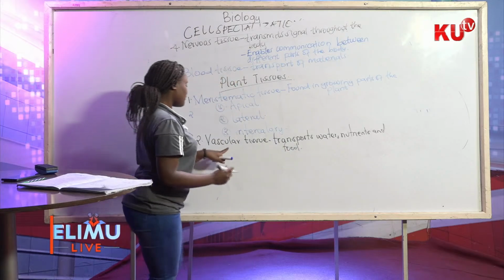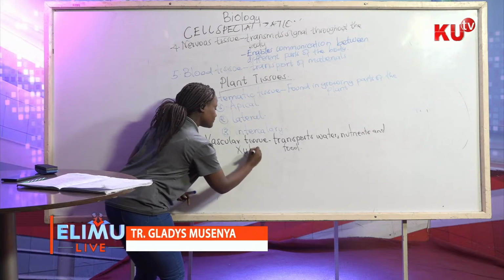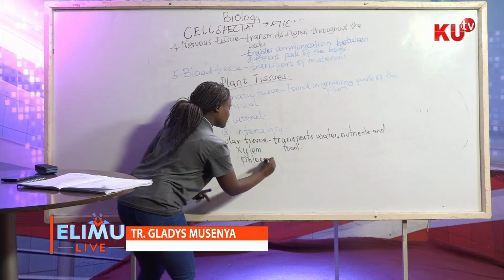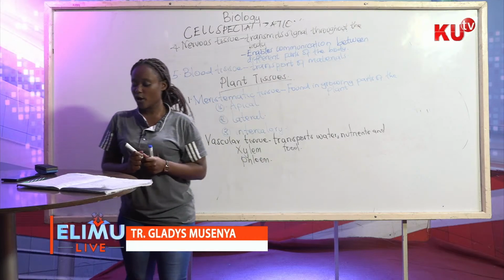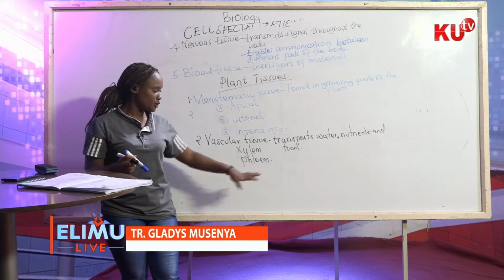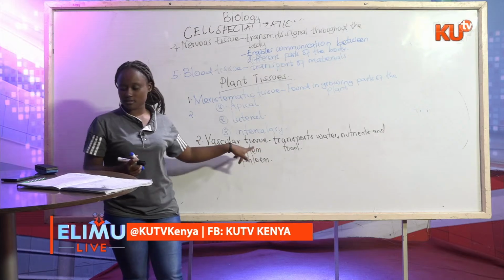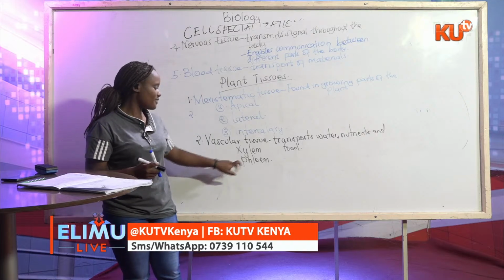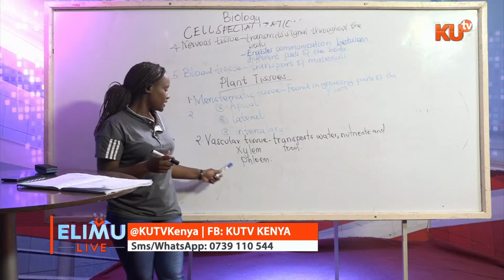In vascular tissue, we find the xylem and the phloem. The xylem carries water, while the phloem transports nutrients. This one is for transporting water from the roots, and this one is for transporting nutrients produced in the leaves.